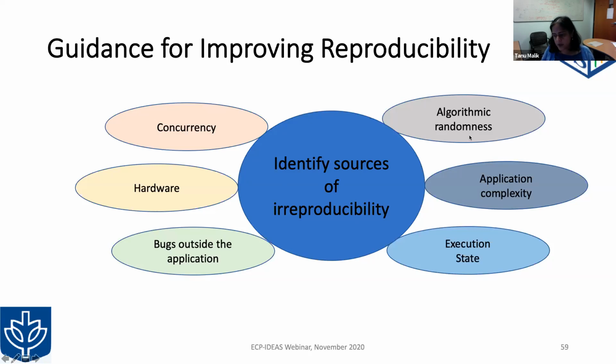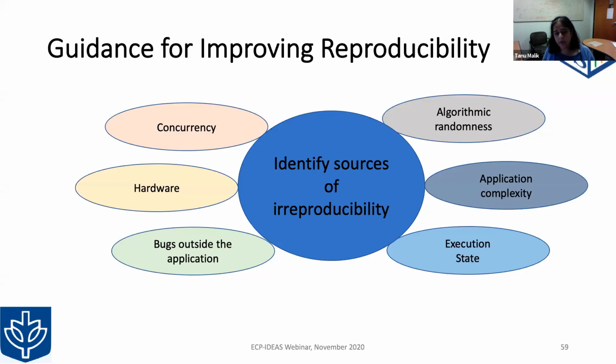It could be that the application is using some randomness, which might be dependent on some random libraries which are providing that pseudo randomness. Or it could be application complexity, having a lot of different kinds of programs that an application is composed of, or just the state of the application. What exactly is it doing from one iteration to the other? Or the irreproducibility might not be because of the application, it could be because of bugs outside the application.